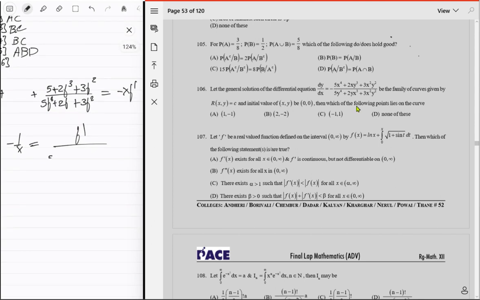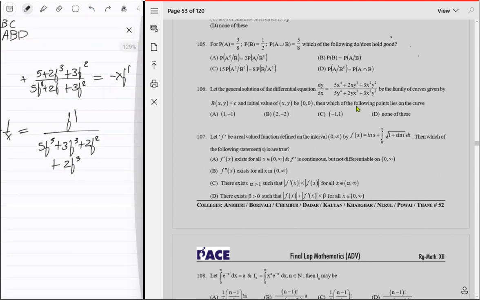So 5f to the power 5 plus 2, actually first of all this thing, plus 3f cubed plus 2f squared plus 2f cubed. Once again I have no idea what is happening here. Plus 3f squared plus 5. It's like 5f cubed plus 5f squared plus 5.